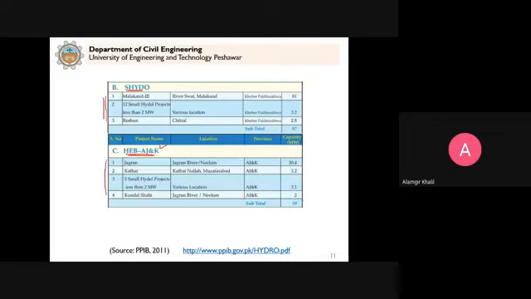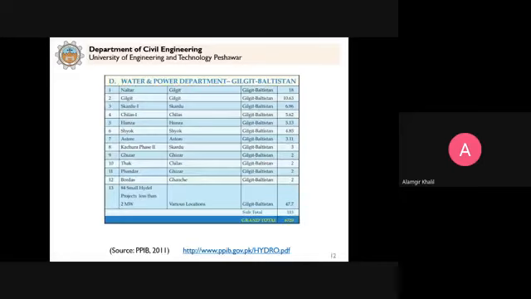So they are behind these existing projects in Azad Jammu and Kashmir. And we also have the Water and Power Development Authority related to Gilgit-Baltistan. So in Gilgit-Baltistan, these are the existing hydropower projects. The total capacity is around 6,720 megawatt. You can find the latest information from the website of PPIB.